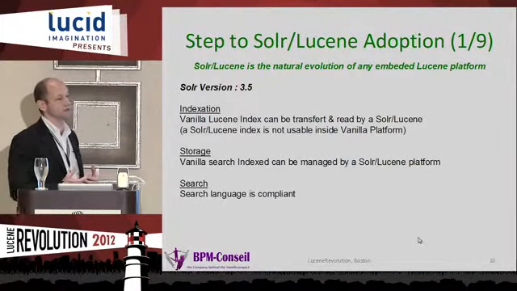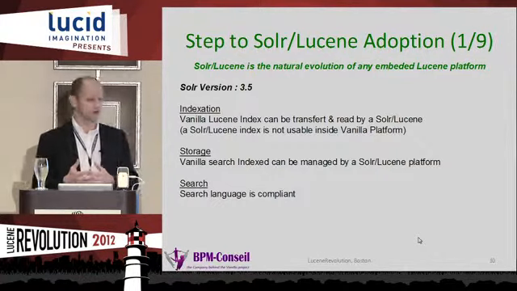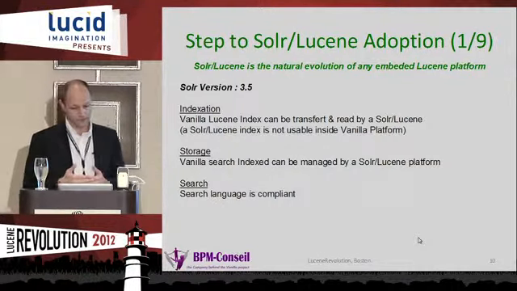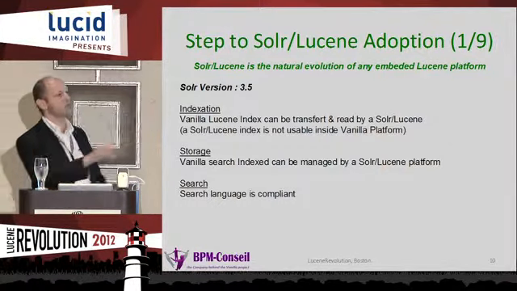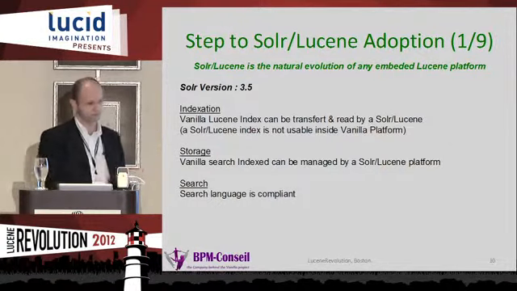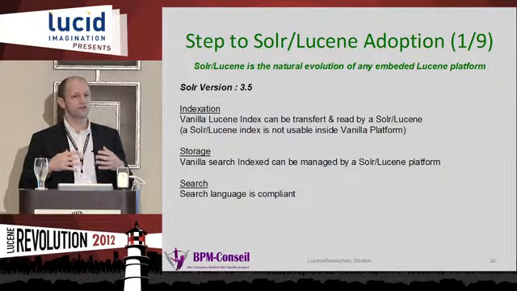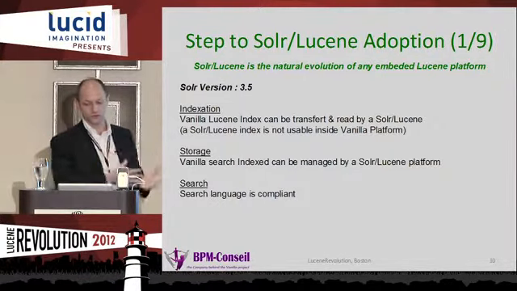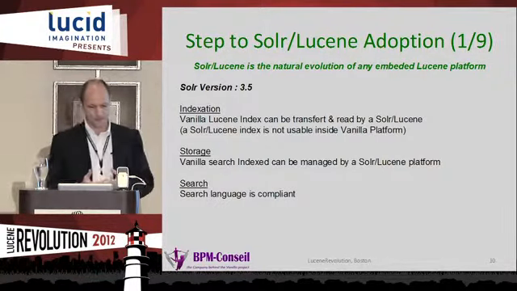So we decided, at the end of 2011, to move to Solr Lucene. I don't know if it was version 3.4 or 3.5. I know it was not 3.6. After looking, we found it natural to move from Lucene to Solr Lucene, and it was quite easy.